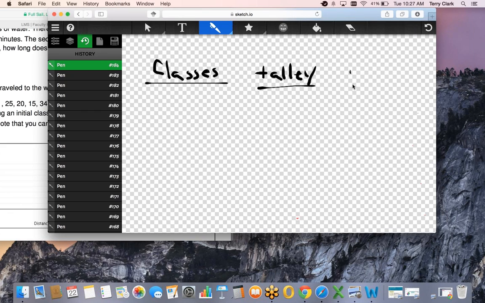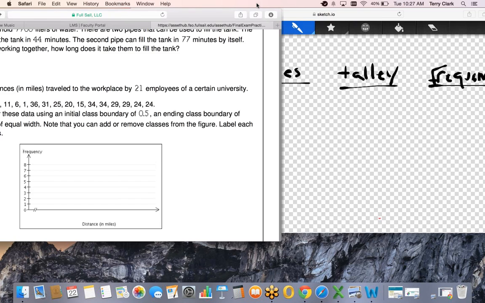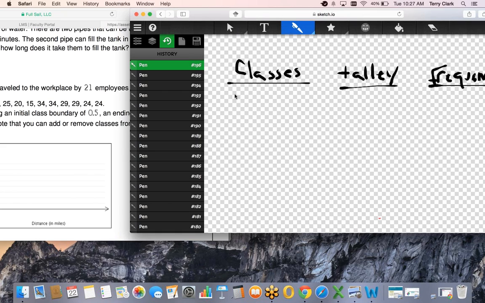That's the first part: you've got to organize your data. That's our second part, frequency. This is what they're telling us. Each class is going to have a width of 5, starting at 0.5. This one's kind of cut and dry too. Then I'm just going to start here and add down: 5.5.